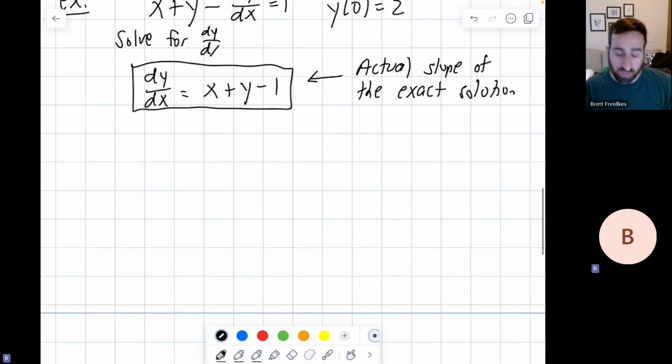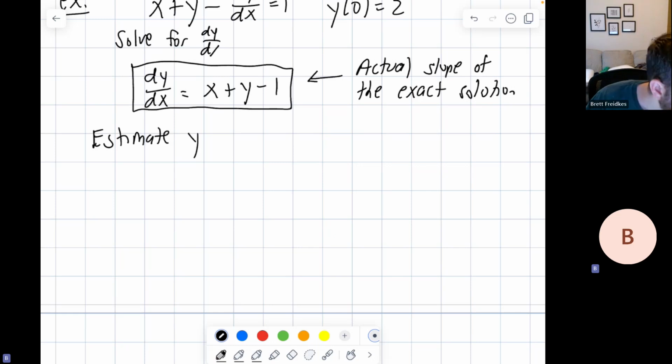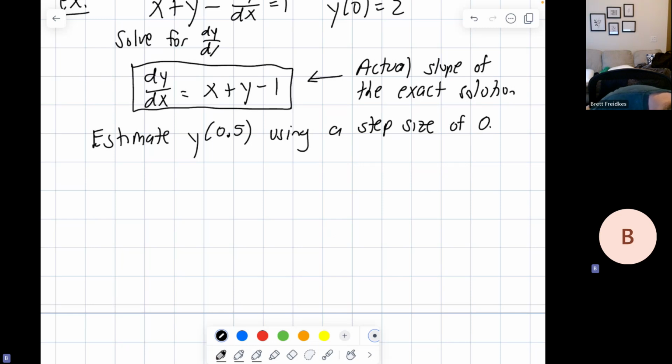So what we want to do is try to estimate, the question is estimate y at 0.5 using a step size of 0.5.